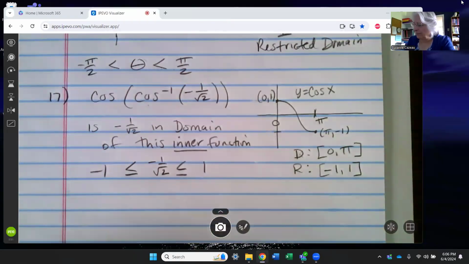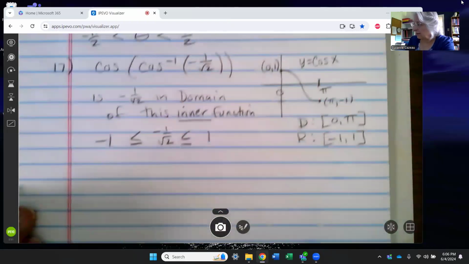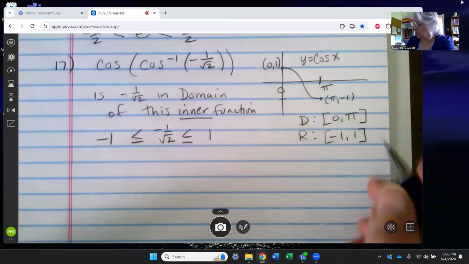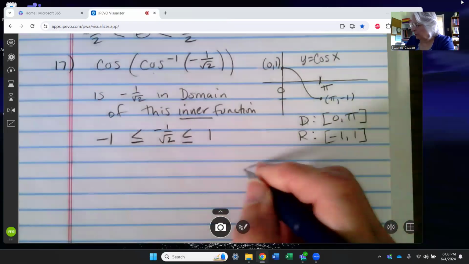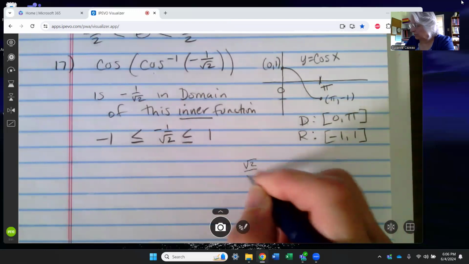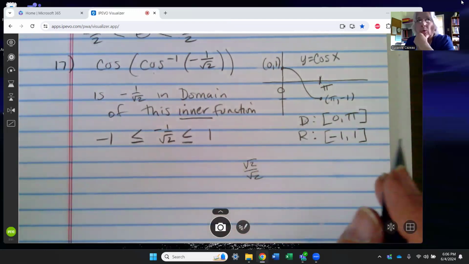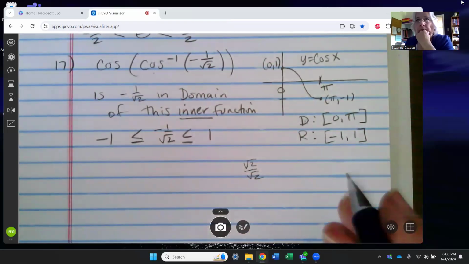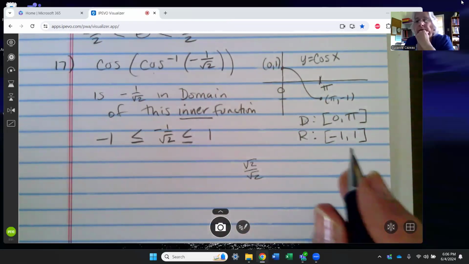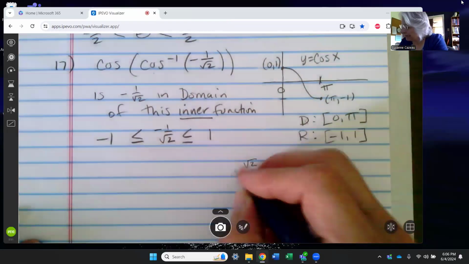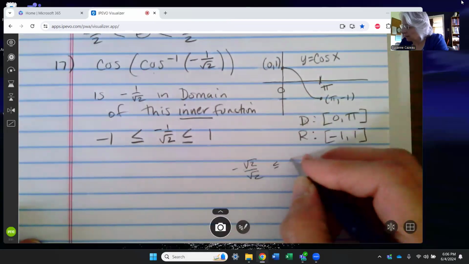I'm thinking it is. And what is 1 over root 2? Is it bigger than 1? Well, 1 would be root 2 over root 2. What is root 2? Root 4 would be 2, so root 2 is between 1 and 2.